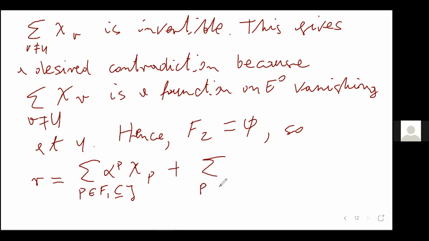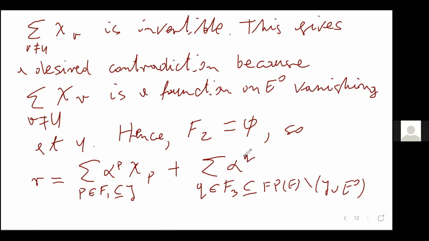So it's Q, and Q runs over F3, which is a subset in FPE, that's J union vertices, of alpha Q chi Q. So I have one term less.